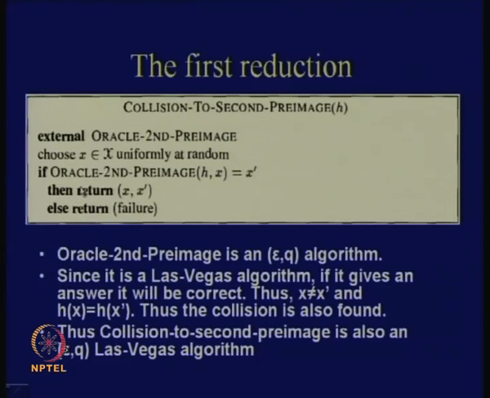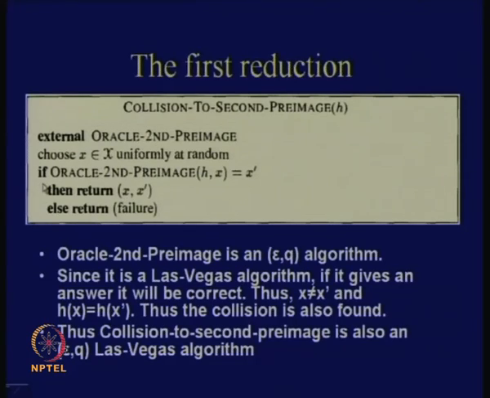The idea is this: the second pre-image oracle algorithm is given an input of the hash function and an input x, and this algorithm returns you back an x dash. Whatever value you get here, you use that to return the corresponding answer. So in that case, this if statement really does not make sense.